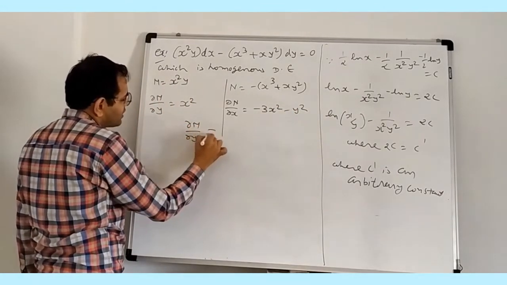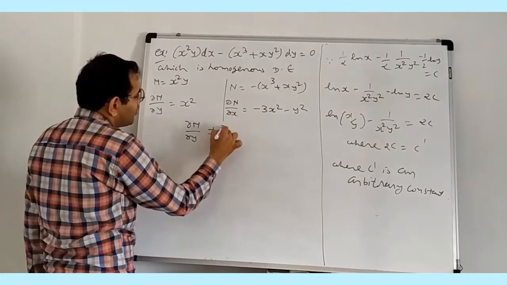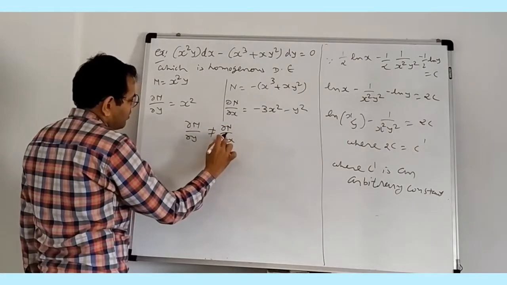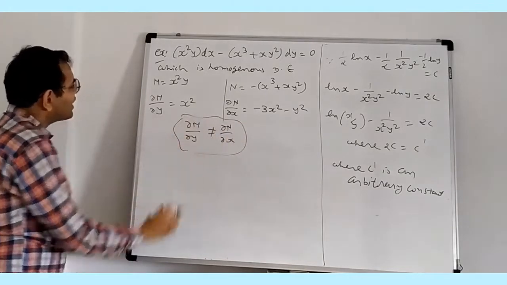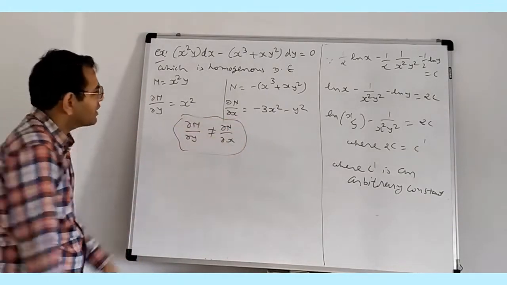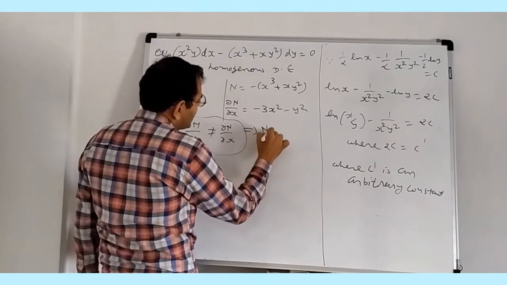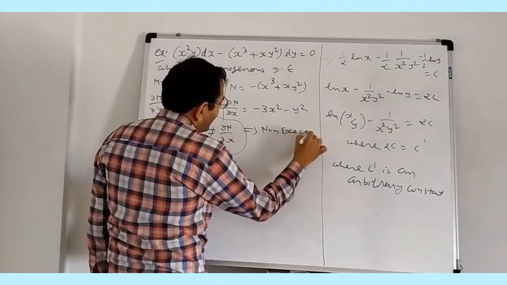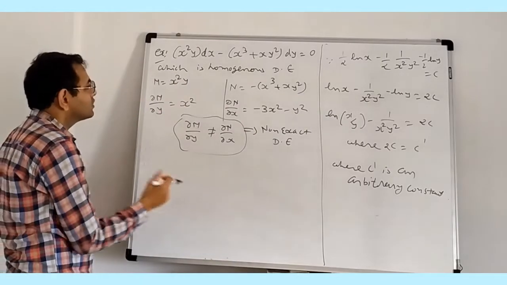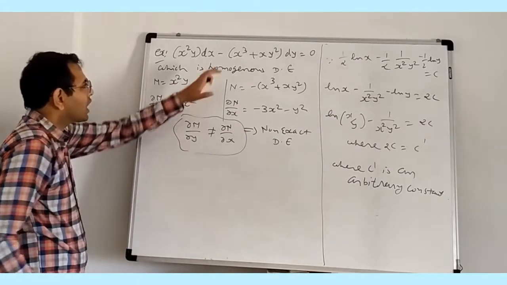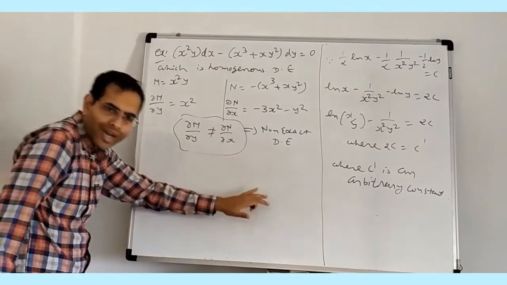Both have different values, means del M by del y is not equal to del N by del x, which is a non-exact differential equation, means convert this non-exact to exact form.